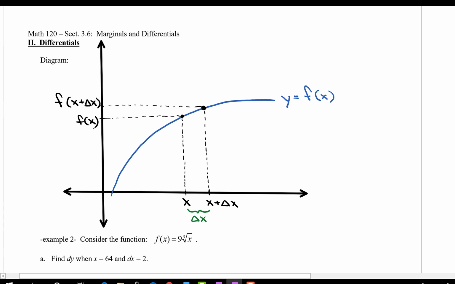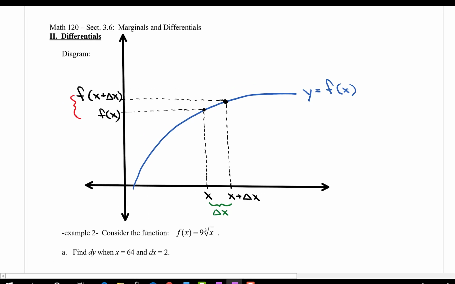So now we have to figure out what the difference is between f of x plus delta x and f of x. Remember what we did before, we subtracted them. But since that would be a long thing to write down, I'm going to call this delta y. Delta y, that little delta, the triangle, basically just means the change.